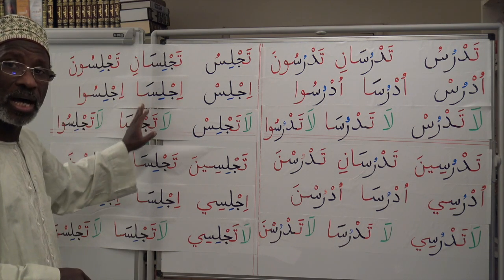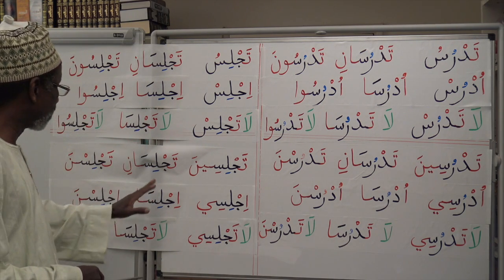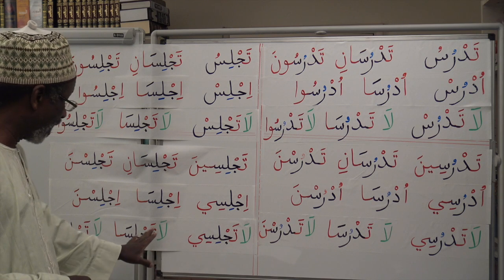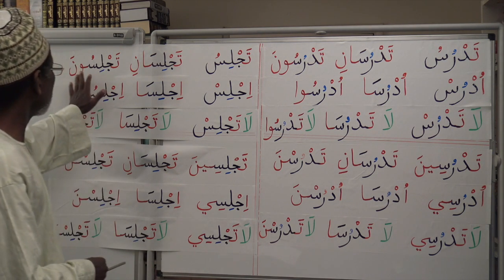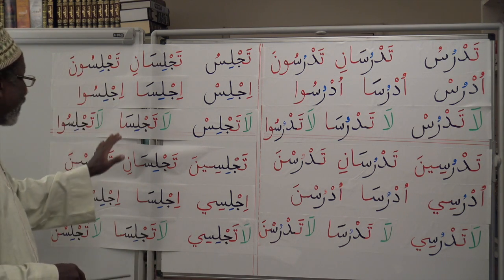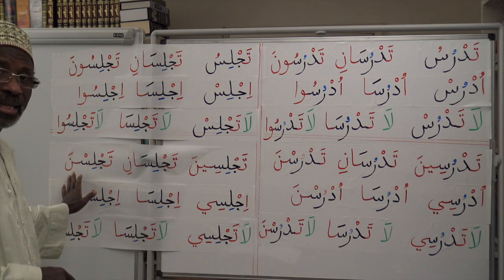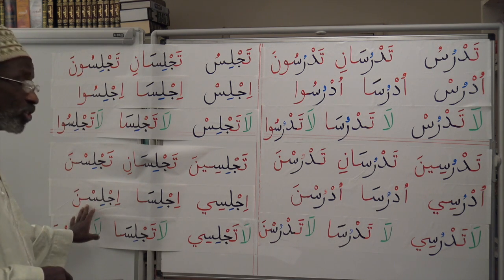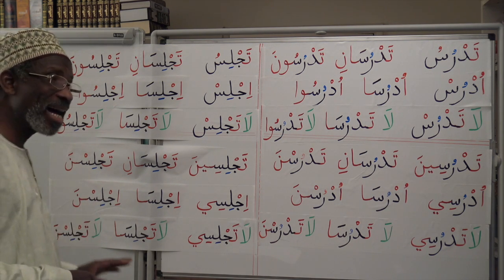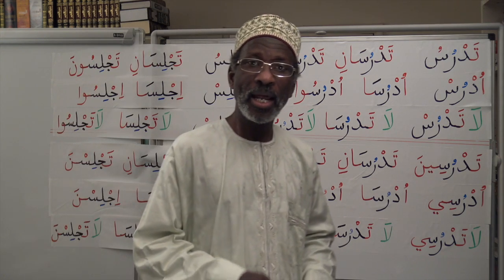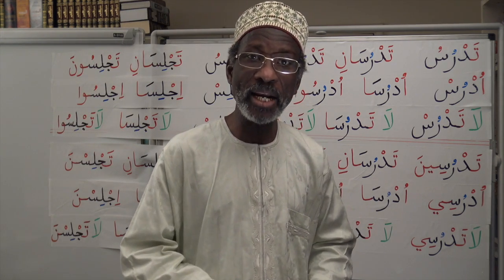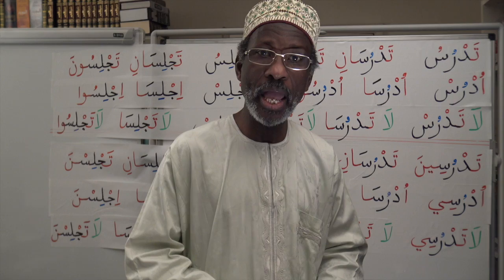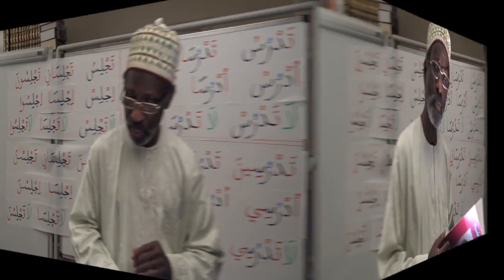Tajlisani, ijlisa, la tajlisa. Tajlisuna, ijlisu, la tajlisu. Tajlisna, ijlisna, la tajlisna. That is your imperative and negative imperative explained, and hopefully understood as well.